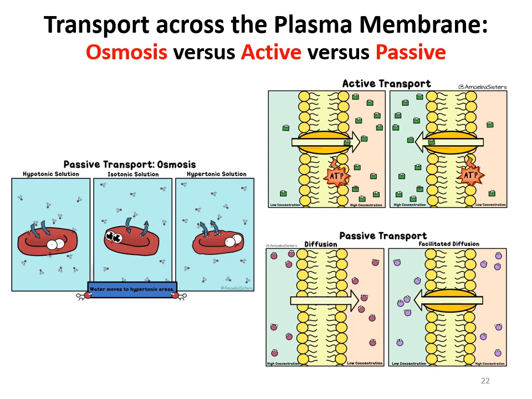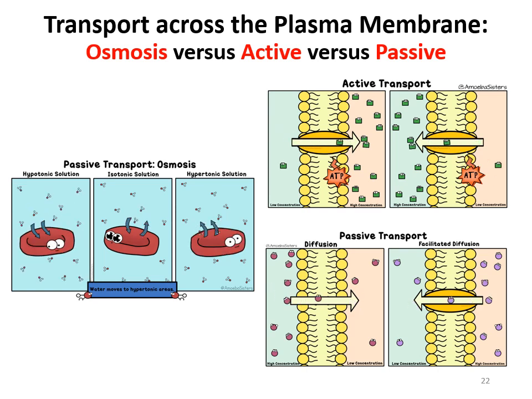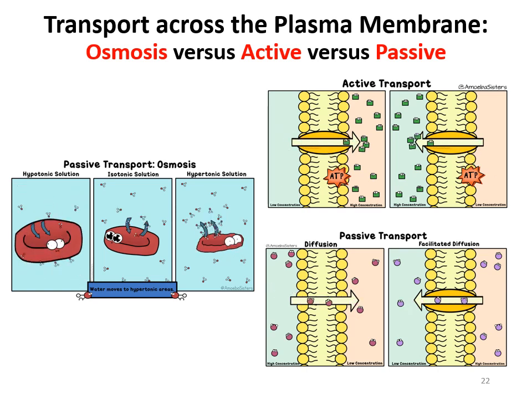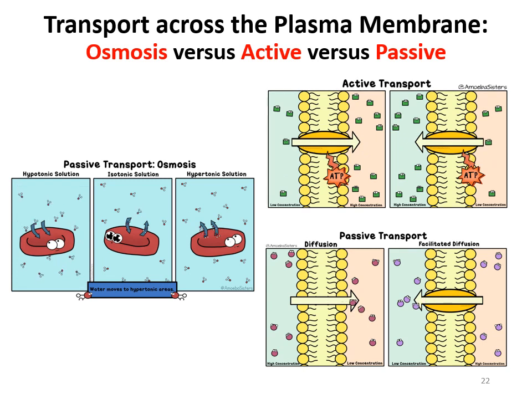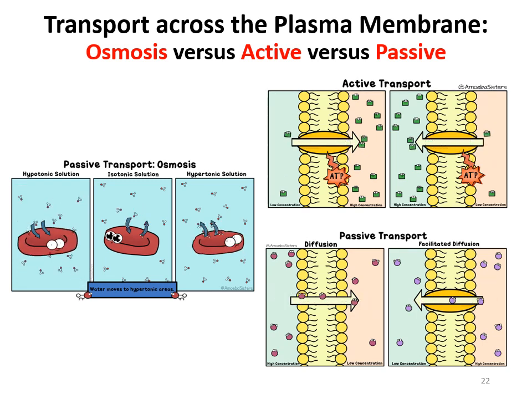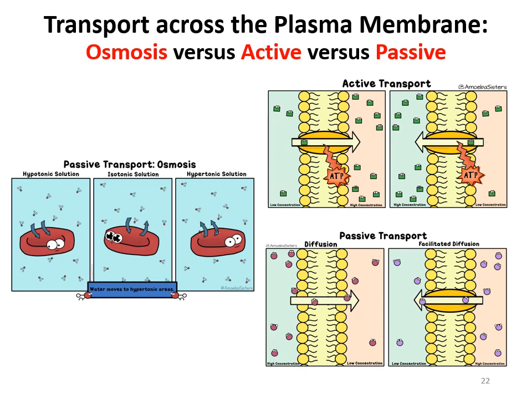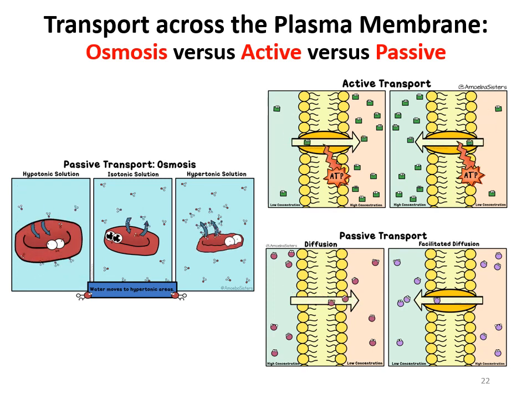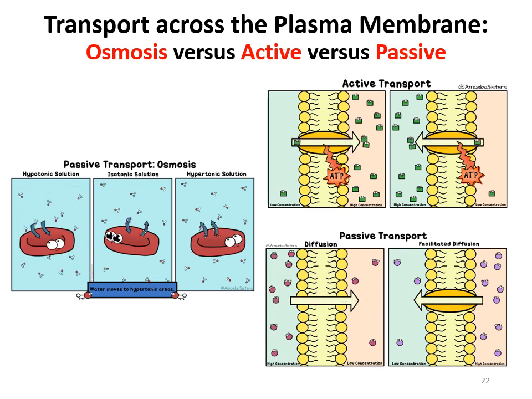So if cells normally want to go from high to low, because they want to equal things out, active transport will move things from low to high gradients. So low solute to high solute. And now, instead of the water moving, this is the salt or the solute themselves moving.